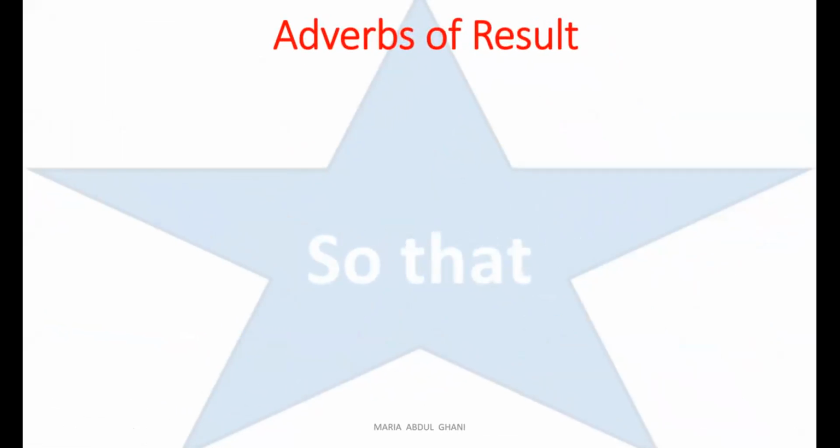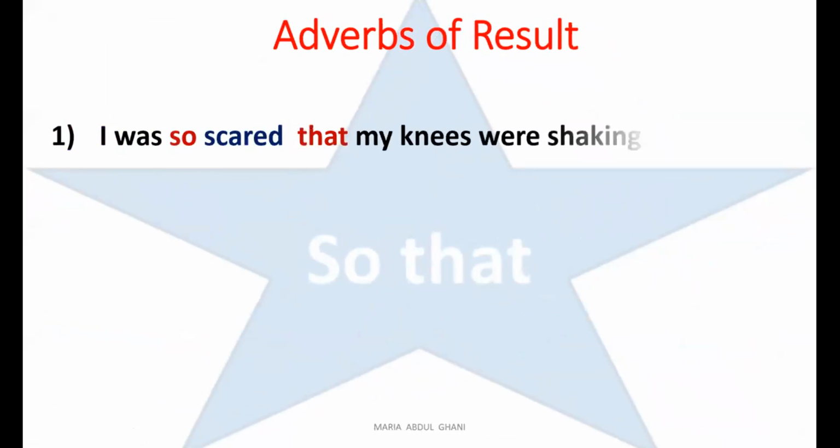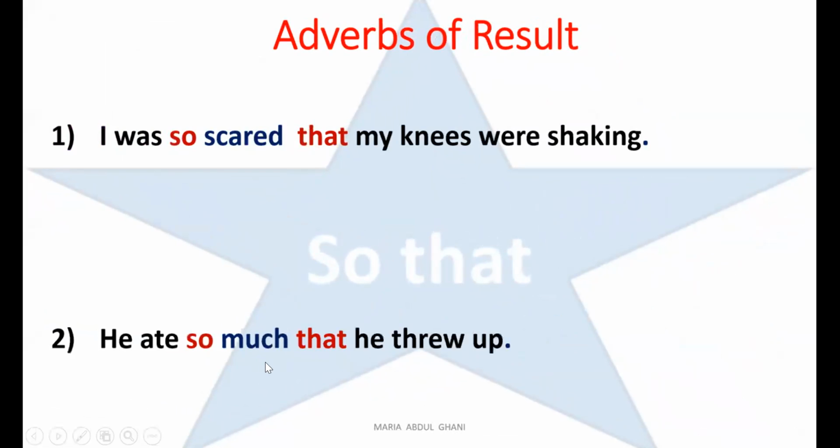We still have here the adverbs of result. I was so scared that my knees were shaking. And number 2, he ate so much that he threw up. He threw up. He gets all of the food out of his mouth because of eating so much.